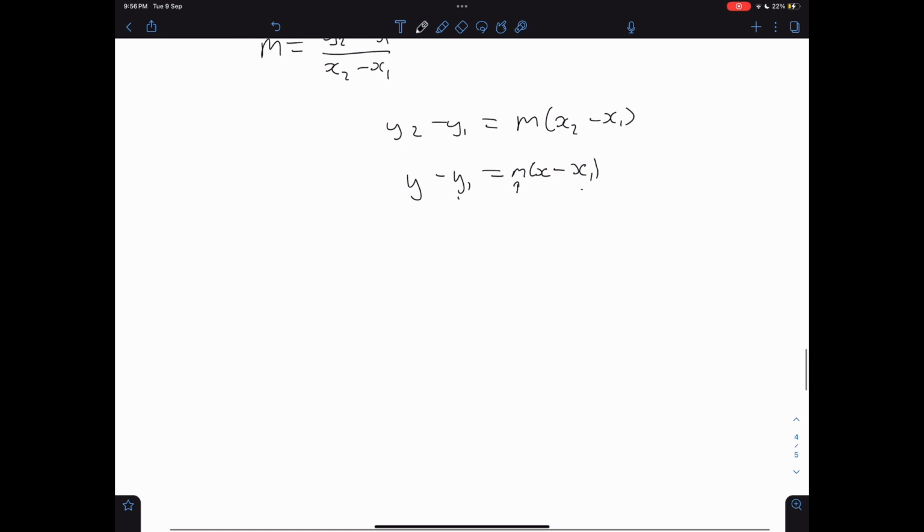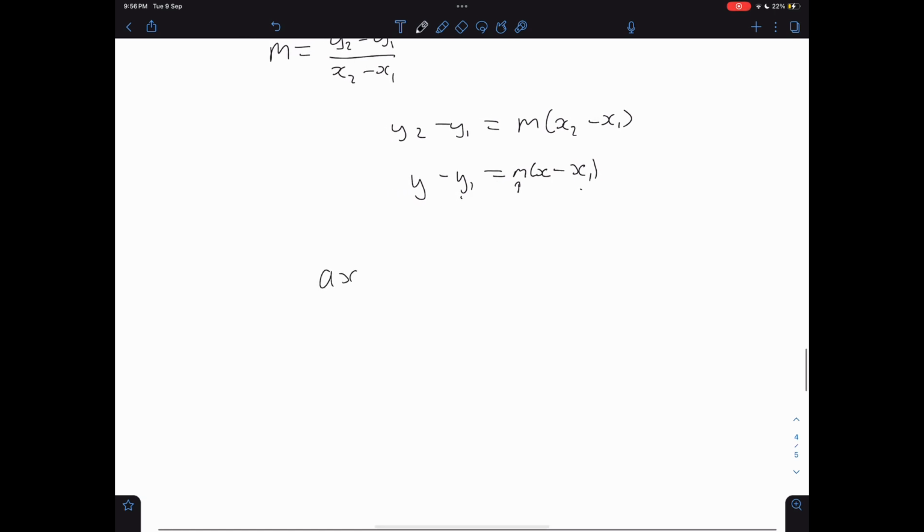And the other form is something like ax plus by plus c equals 0. That's just when you put everything on one side and clear all the fractions. And that's just algebra. It doesn't really need that much explanation, I don't think.